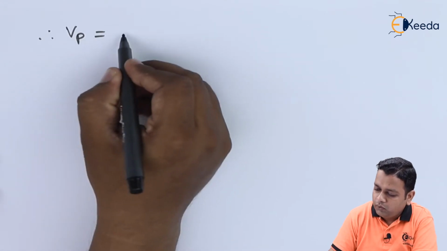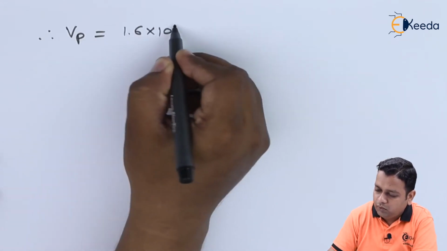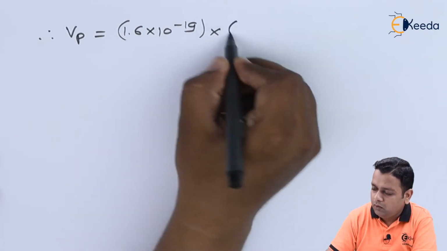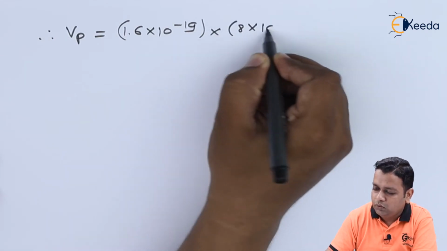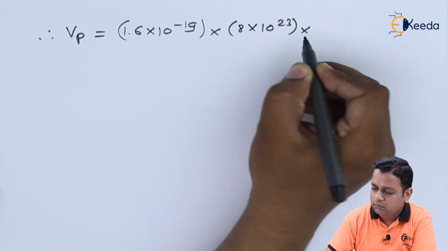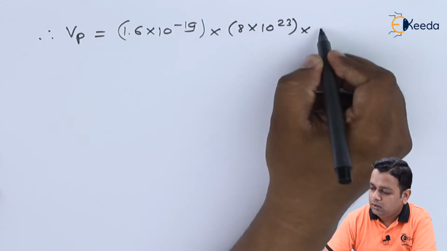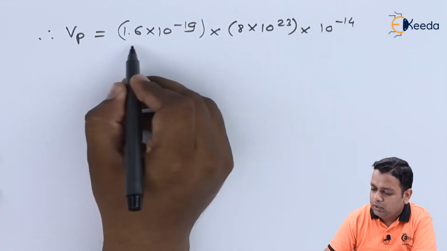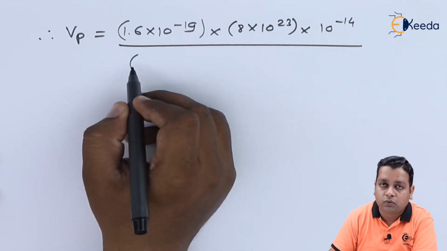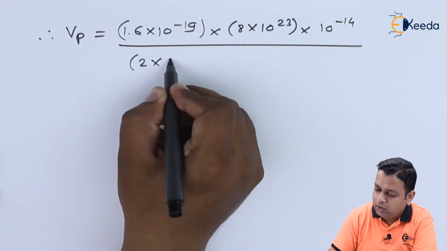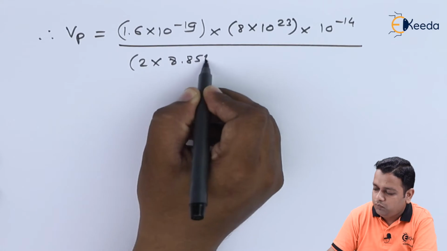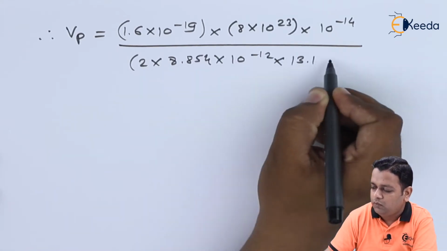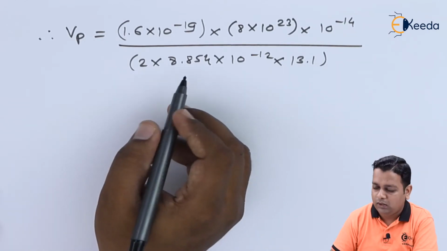substituting 1.6 into 10 raised to power minus 19 as Q, into the concentration 8 into 10 raised to power 23, into 10 raised to power minus 14, and this is all divided by twice ES, hence 2 into 8.854 into 10 raised to power minus 12 into 13.1, the relative dielectric constant value.